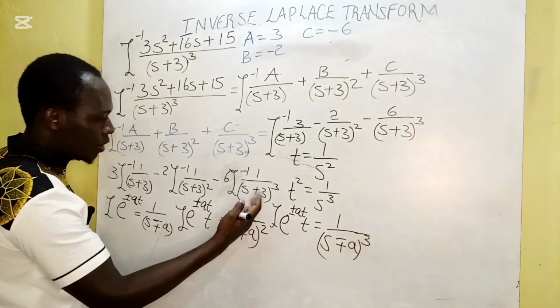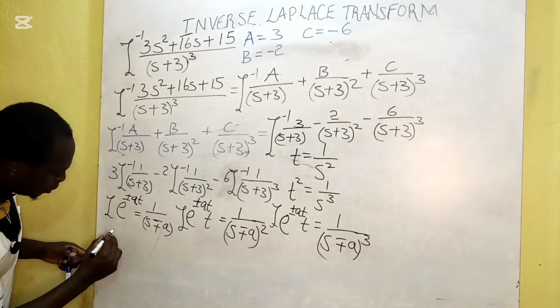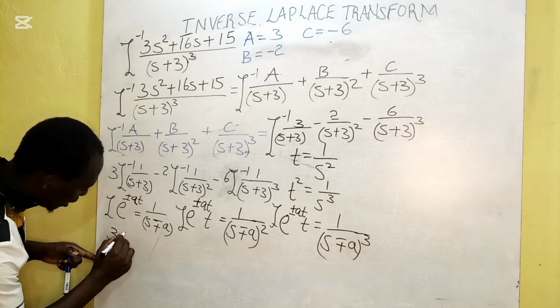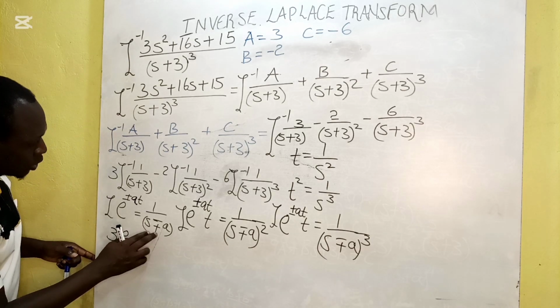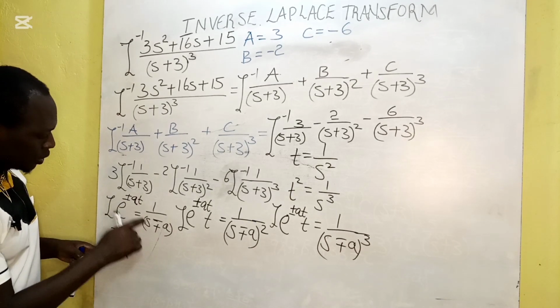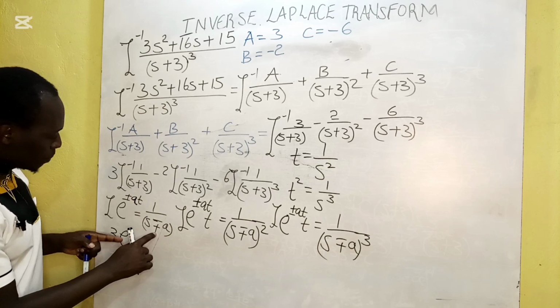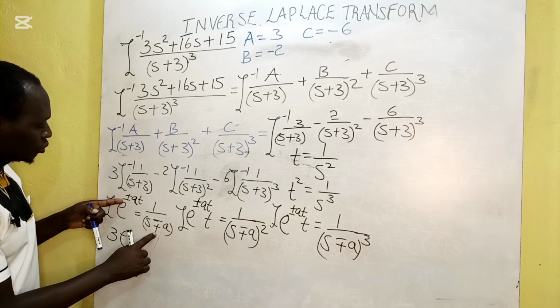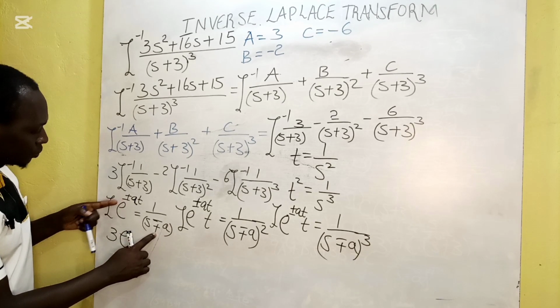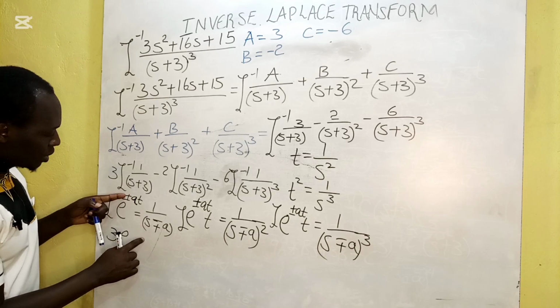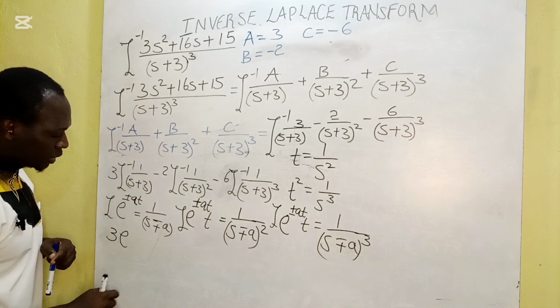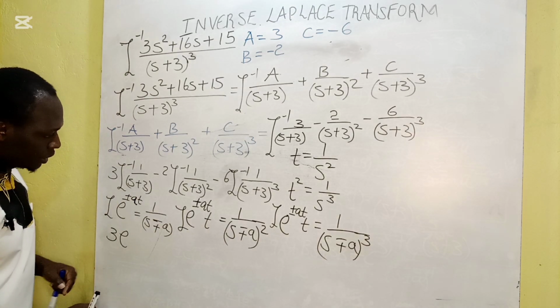Let us now have our answer, and here we are going to have 3 exponential. We say that when we are having here positive, here we are going to have a negative. And when we are having here a positive of a, here we are going to take a negative of a.